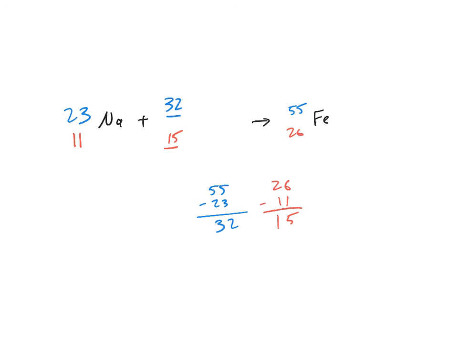So now I'm going to look for the element on the periodic table that has the atomic number of 15, and in this case that happens to be phosphorus. So I found that the missing element, or the element that would have combined with sodium to produce iron 55, would be phosphorus 32.